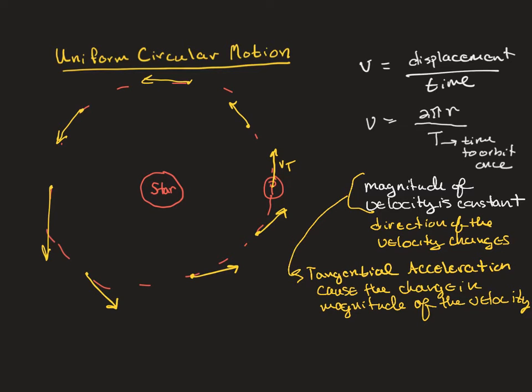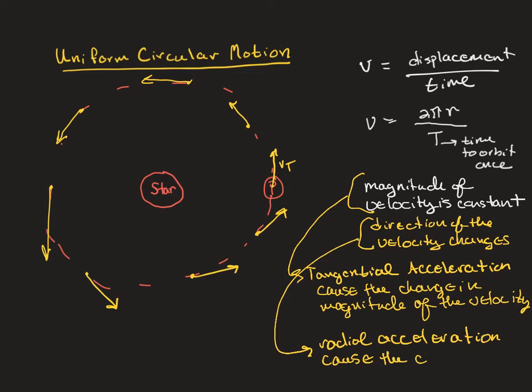So in our scenario we've just drawn, the tangential acceleration would be 0. We're going to say the radial acceleration causes the change in direction.